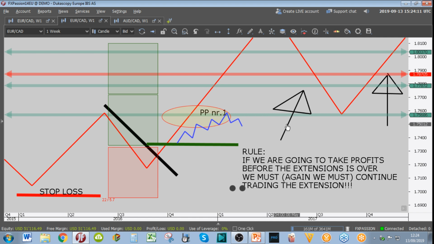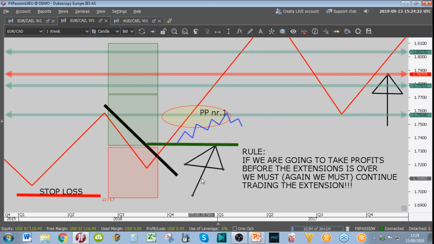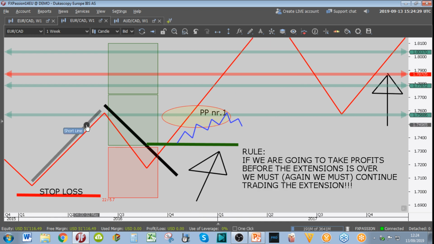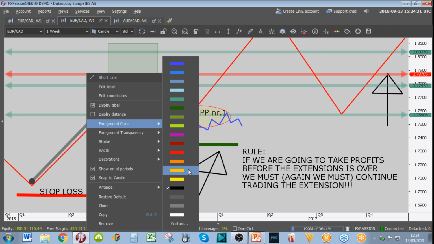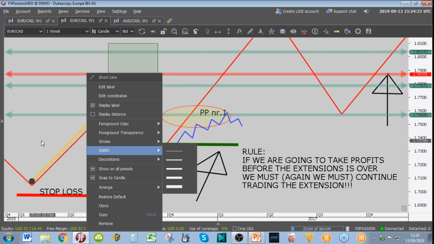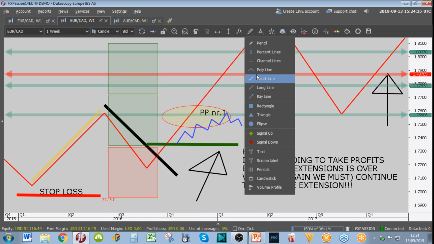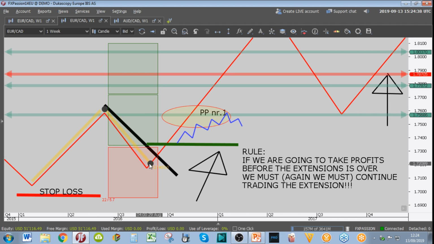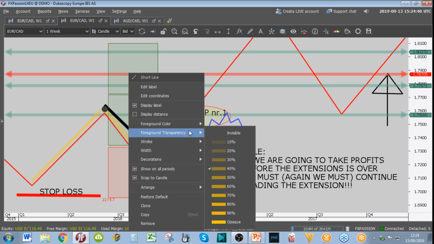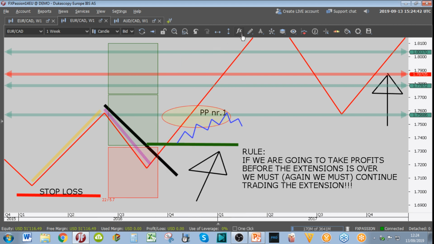Why is that? You need to understand the why. If we are going to take profits before the extension is over, so this is the extension, this is the retracement, this is the extension. Let's color code this. This is the extension. So we have the retracement, it's going to be color coded in red, like pink, okay, violet.